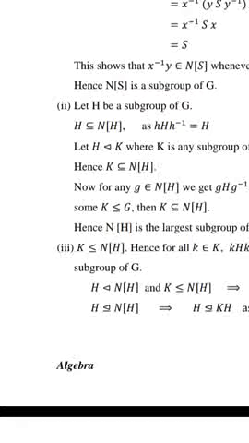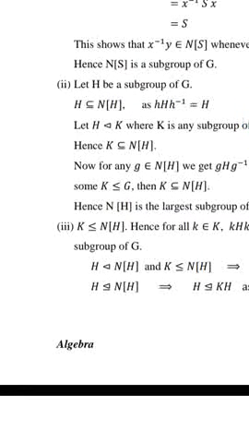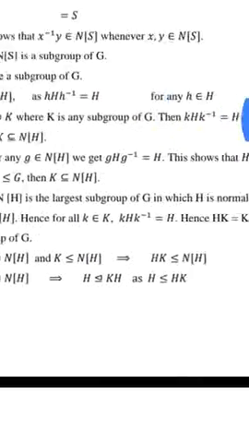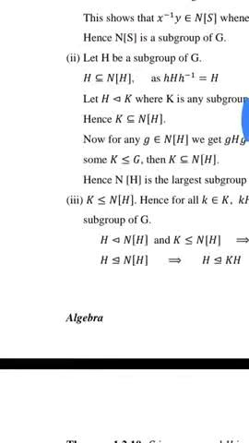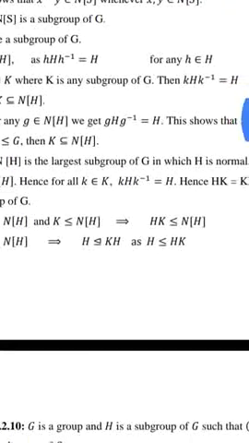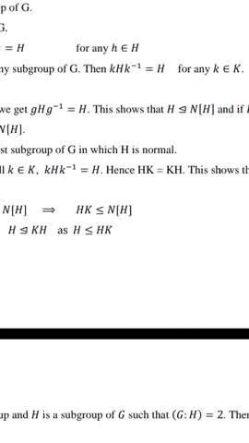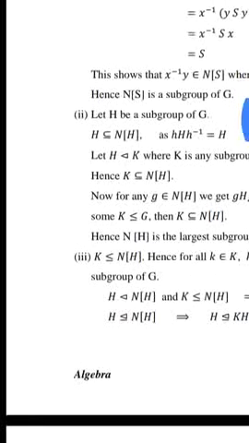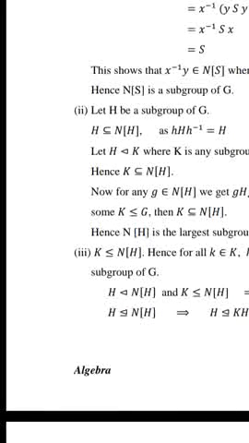Let H be a subgroup of G. Therefore, H is a subset of N(H), and h H h inverse is equal to H for any h belongs to H. Let H be a normal subgroup of K, where K is any subgroup of G. Then k H k inverse is equal to H for any k belongs to K. Hence, K is a subset of N(H).